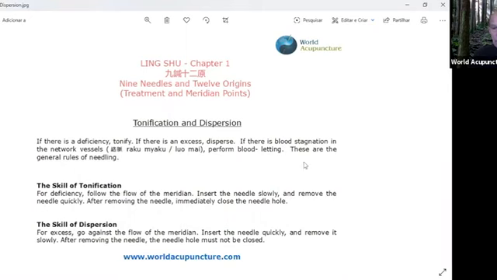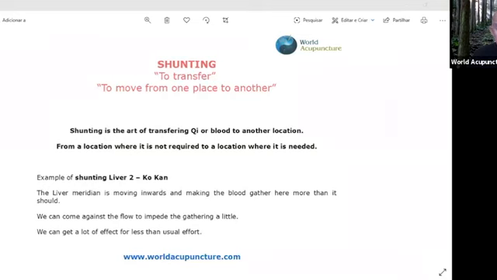The other technique that we'll discuss today is the shunting technique. What we're looking to do with shunting is transfer the energy. As I said, the character for shunting is slightly different.